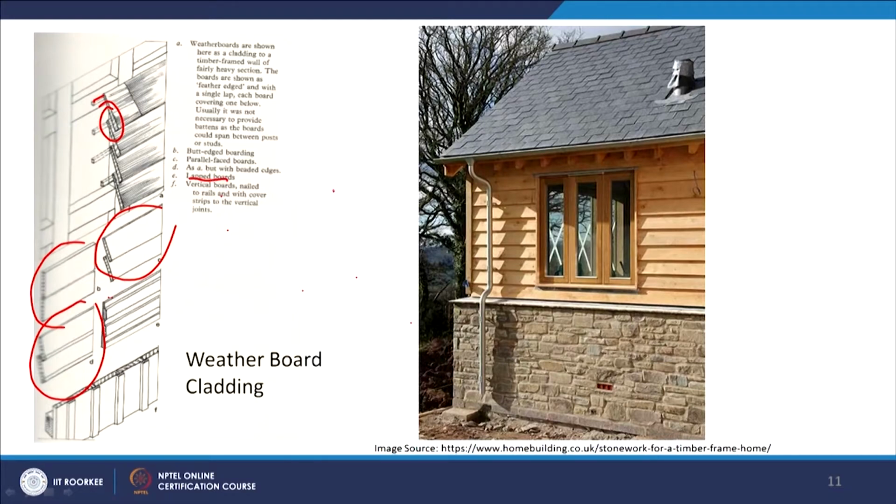The section is something like this, which is quite common, with a recession over it. These are all for good aesthetic purposes. Here you can see weatherboards used as cladding, and the backup to it could be an insulation material which we fill in. So rather than a brick wall on the facade, we use weatherboard cladding.